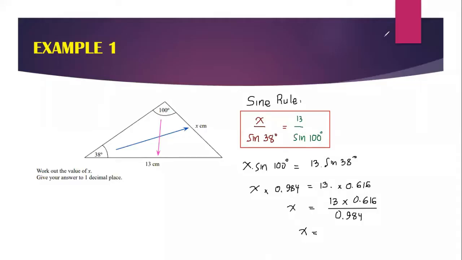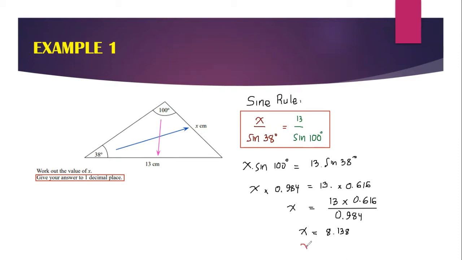We'll find x is 8.138, right? But the question is, give your answer to one decimal place. So we have to round off, right?